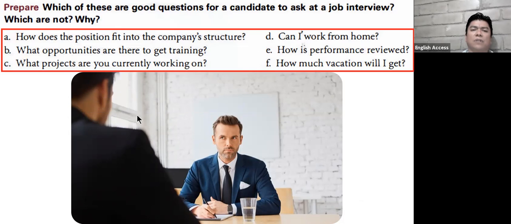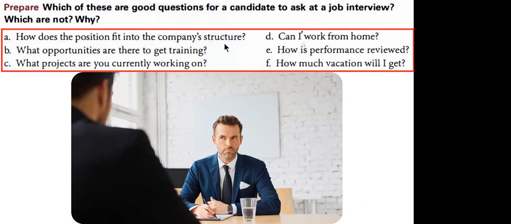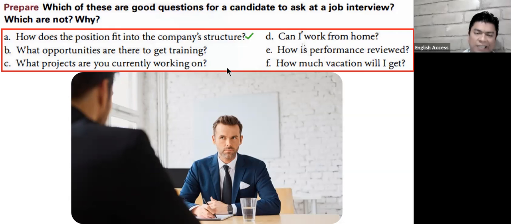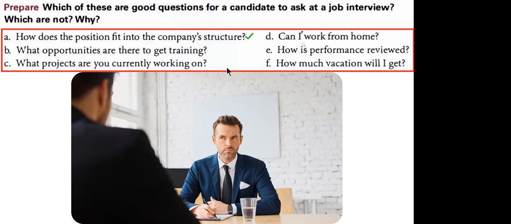Let's go for the first one. A, yes or no? Yes, how you fit into the company structure. What about B? Yes or no? Continue with the rest. Don't open your books. Only look at the computer, read, and let's check.